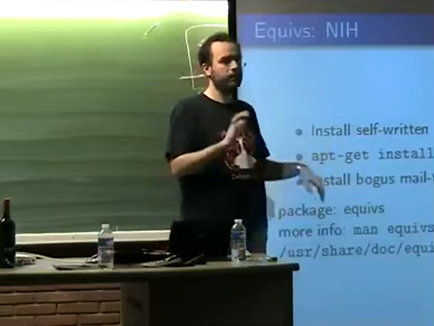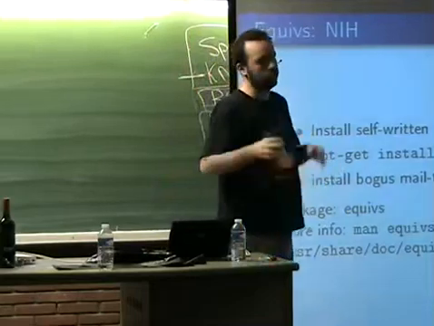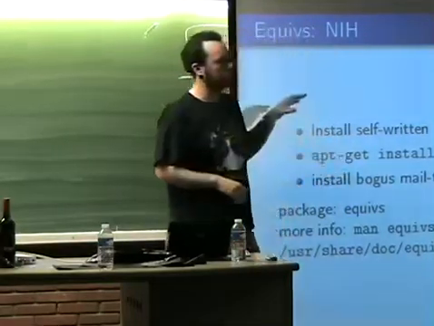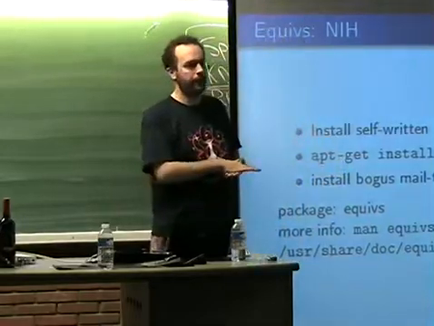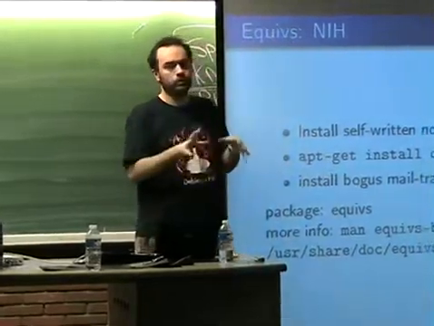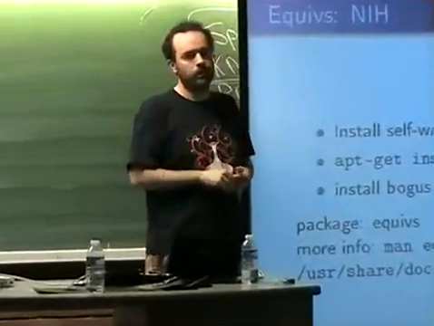Of course, you could just build a Debian package the regular way, the hard way, by writing all the files. What equivs does for you is it generates a template that you can modify, and based on that template, it just fills in all the missing bits and pieces based on defaults. So you don't have to worry about them.